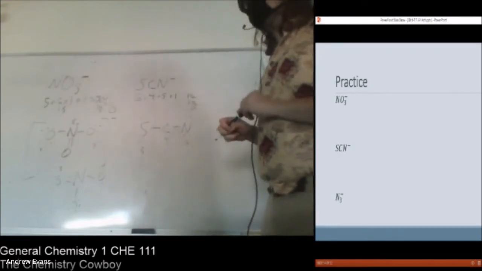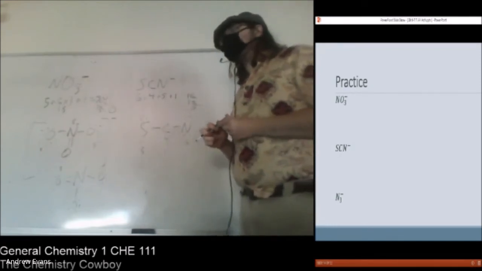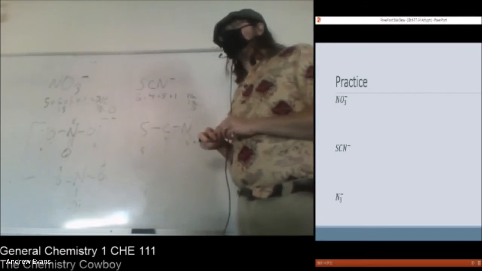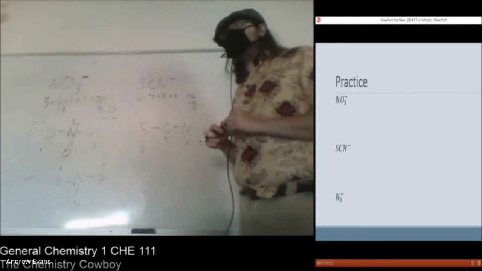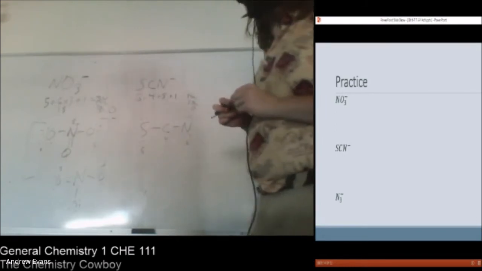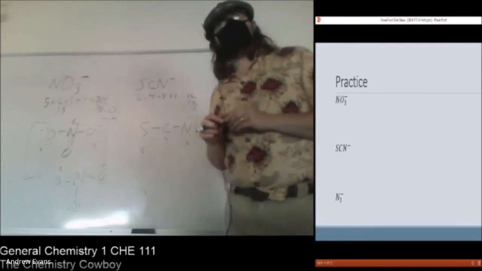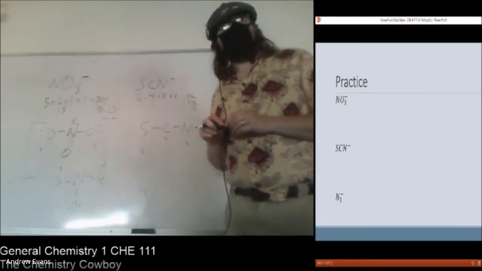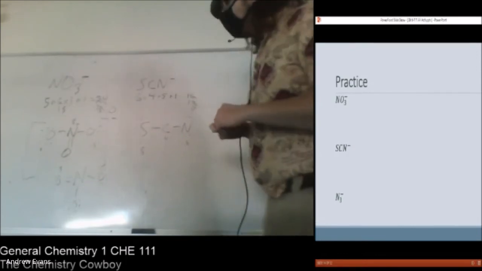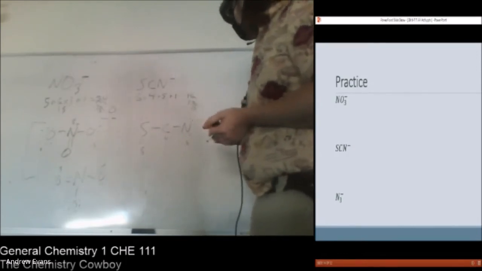So we are going to shift electrons to make an octet. So I have to shift 2 lone pairs. I could shift 2 from nitrogen, I can shift 2 from sulfur, or I could shift 1 from each. So I'm going to do all 3 resonance structures, and we'll look at which one is the better one.